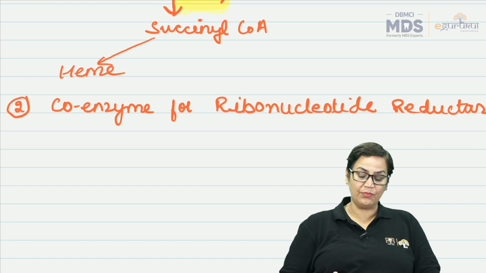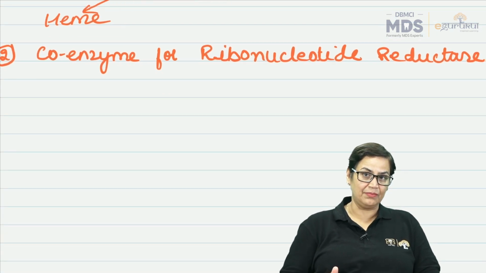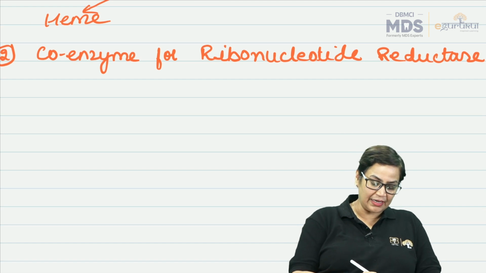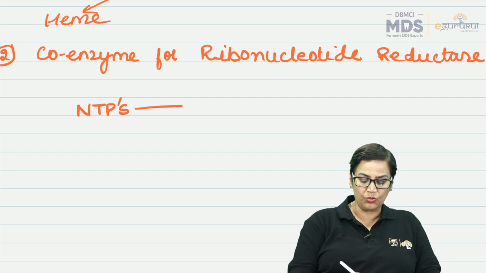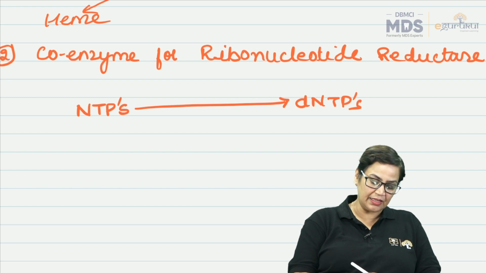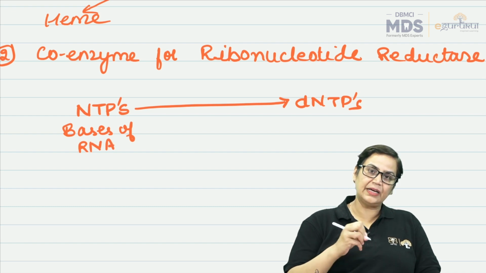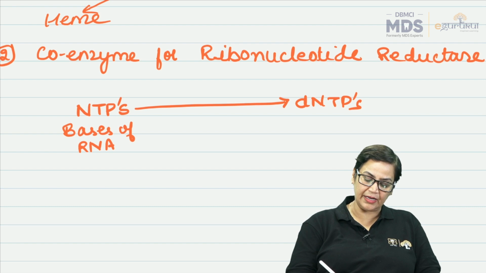Coenzyme for ribonucleotide reductase. Now this enzyme does what? It converts the NTPs into dNTPs. Means NTPs are the bases of RNA. It converts the bases of RNA to bases of DNA.